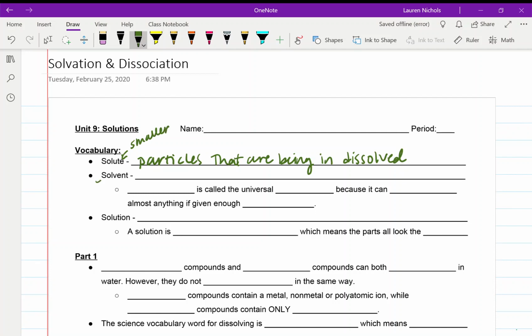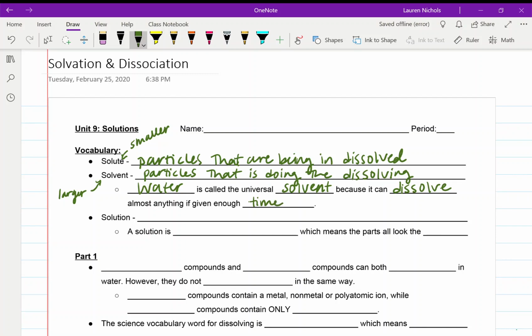Whereas your solvent is always going to be your larger amount, because the solvent is the chemical that is actually doing the dissolving, if that makes sense. For example, water is called the universal solvent, and that is because it can dissolve almost anything if given enough time.